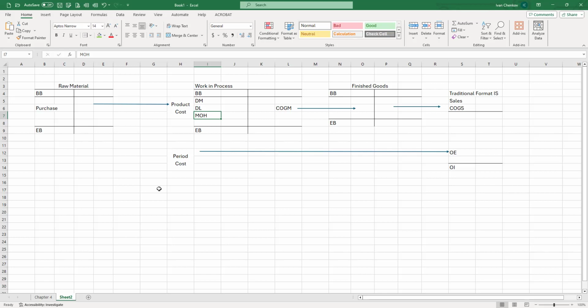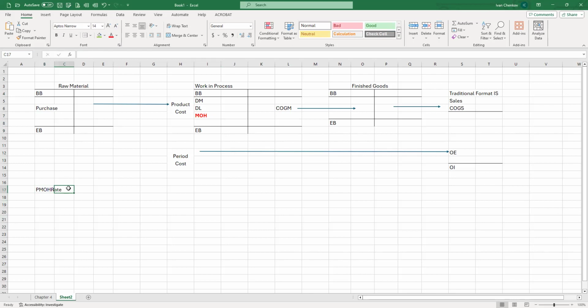So since we have this problem with manufacturing overhead, the question is how we can calculate that manufacturing overhead ahead of time and not wait for the end of the year to get the actual cost of the manufacturing overhead. And that's how we come up with the idea for the predetermined manufacturing overhead rate.